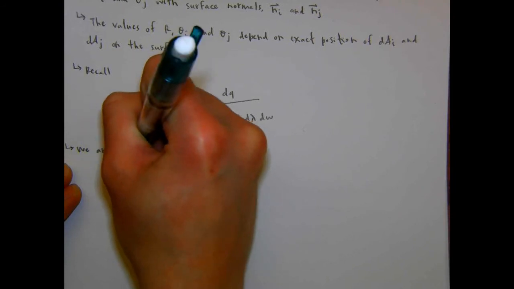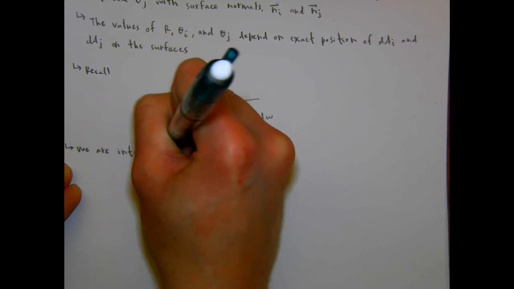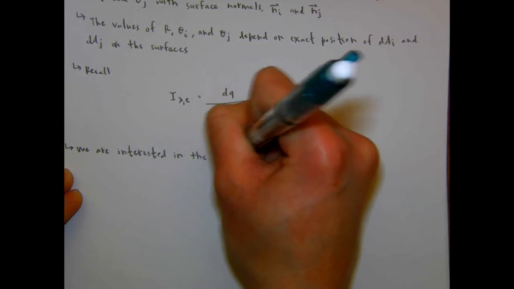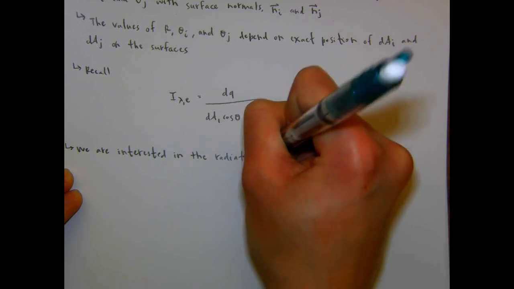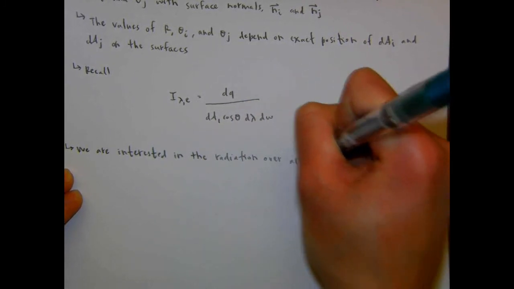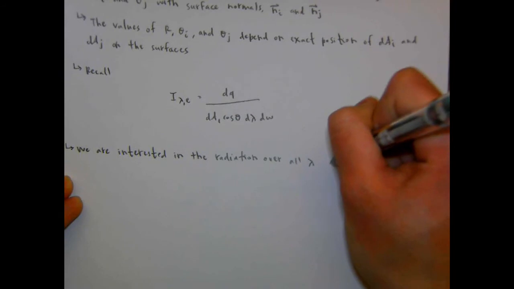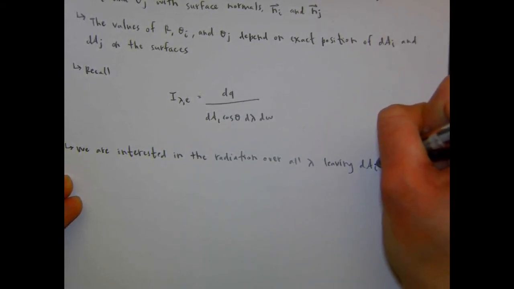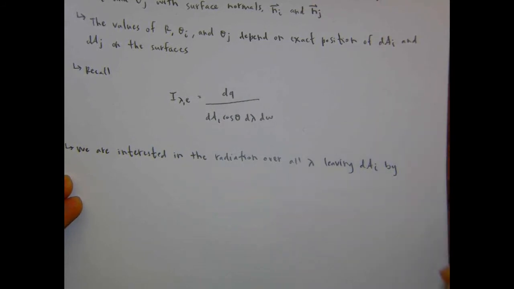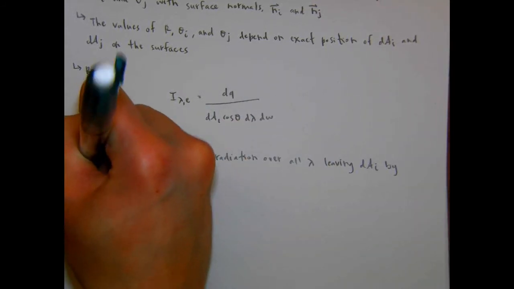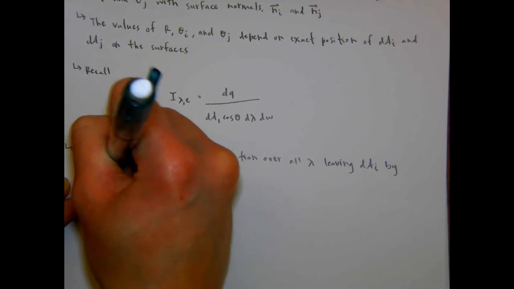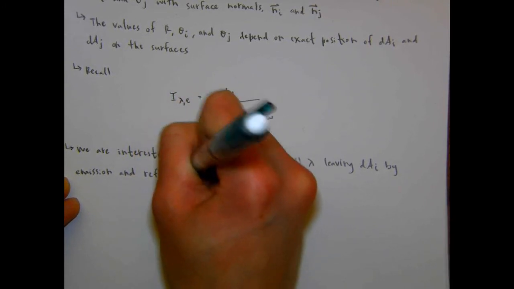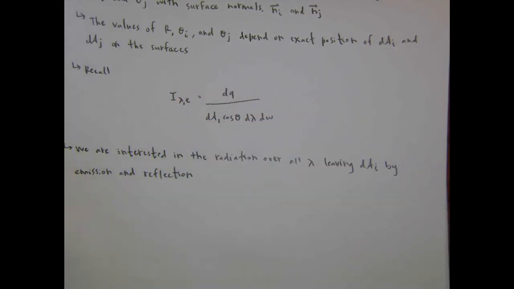So we're interested in the radiation over all lambdas leaving the differential area i by emission and reflection, because we're interested in the total radiation exchange.